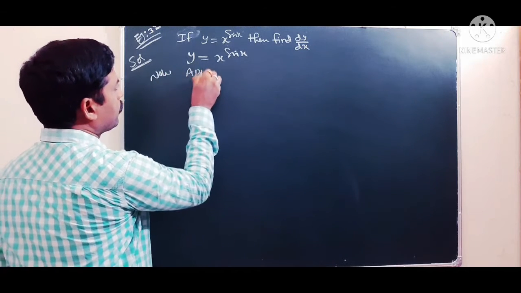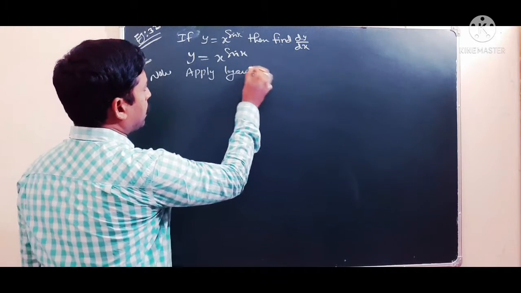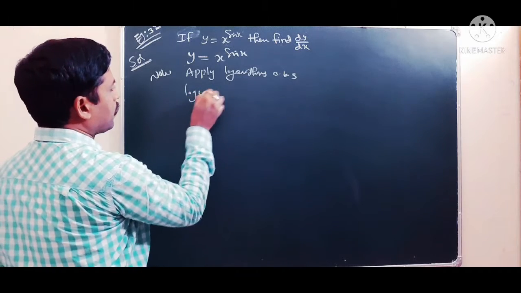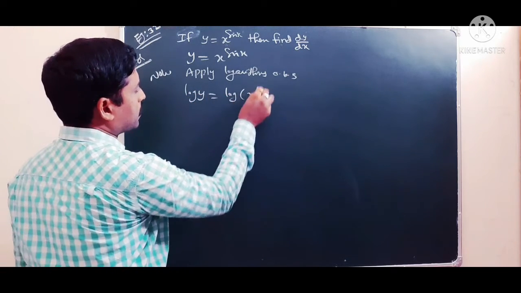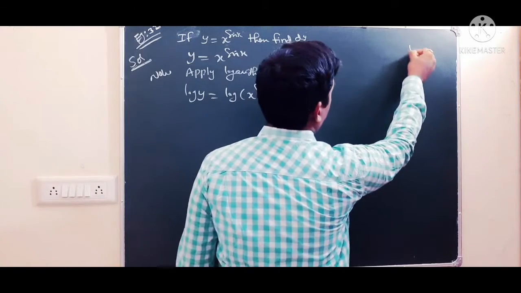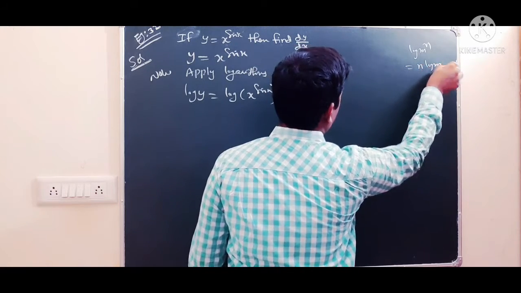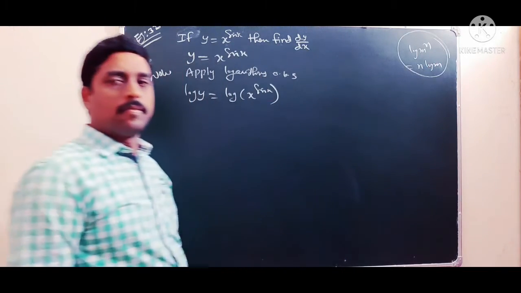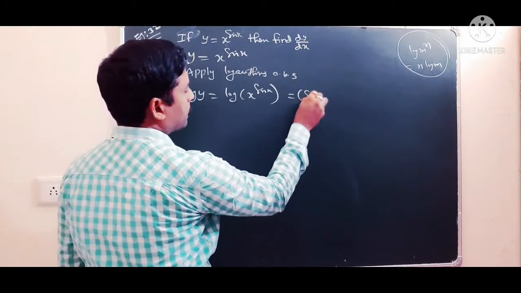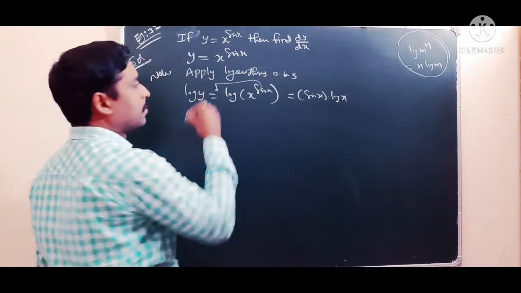Applying logarithms on both sides, log y is equal to log of x to the power sin x. We have log m to the power n is equal to n into log m. Applying that formula, this will be sin x into log x.